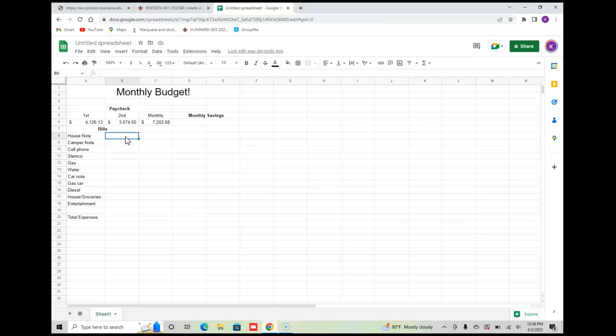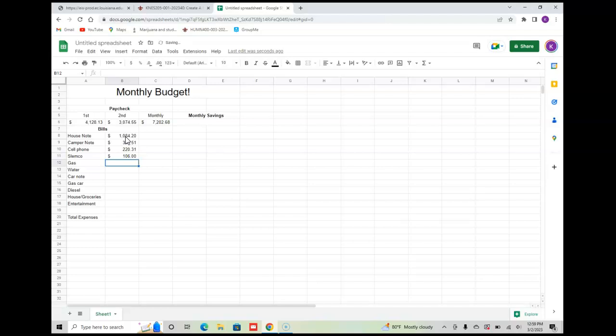So our house note. We have a camper note. Our cell phone bill. Our Slimco, which is electricity, which is the utilities.